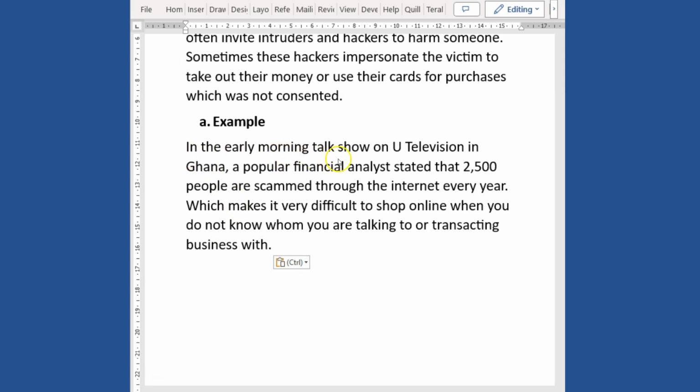In the early morning talk show on UTV, United Television in Ghana, a popular financial analyst stated that 2,500 people are scammed through the internet every year, which makes it very difficult to shop online when you don't know whom you are talking to or transacting business with. All right, so this one is to give more emphasis to what you have already stated.